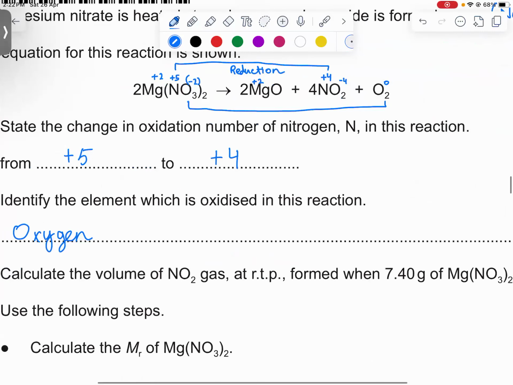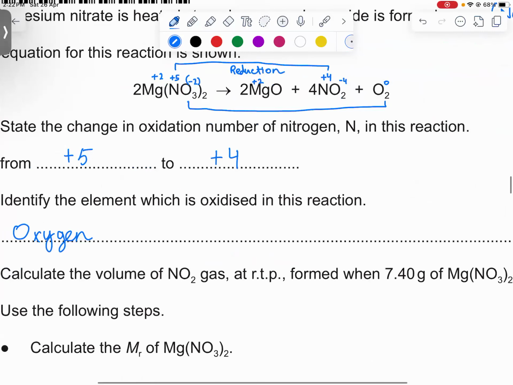Okay, next question. Let me just write oxidation over here as well so that you understand. Oxygen is the one that is oxidized. How do we know? Because the charge of oxygen increased from -2 to 0, and an increase in oxidation state is called oxidation. Now if some of you thought, sir, oxygen is the thing that makes others oxidize or reduce, how can it be oxidized?